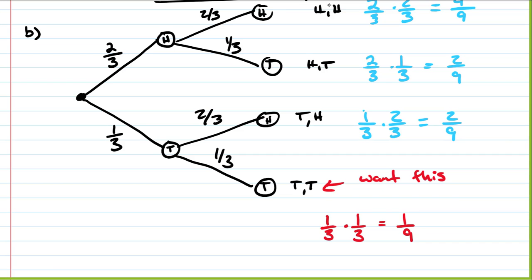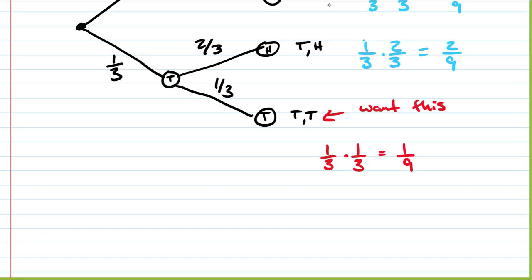So notice, this bears a striking similarity to something we've done before. Back when we were counting, if I had multiple stages, how did I determine how many choices I had? It was the number of things in stage 1 times the number of choices in stage 2 times the, right, all the way out to stage n.